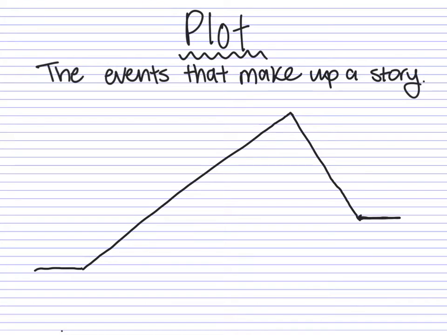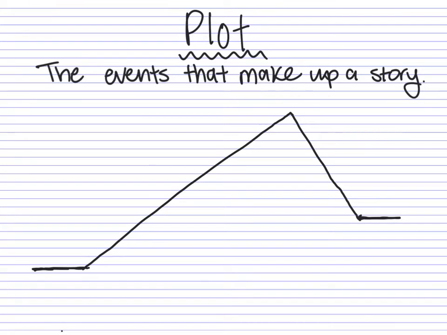So this is what my little diagram is going to look like. It's a shape that looks like this. There's a line at the bottom here, and then it goes up, about halfway down, and then a little line at the end.